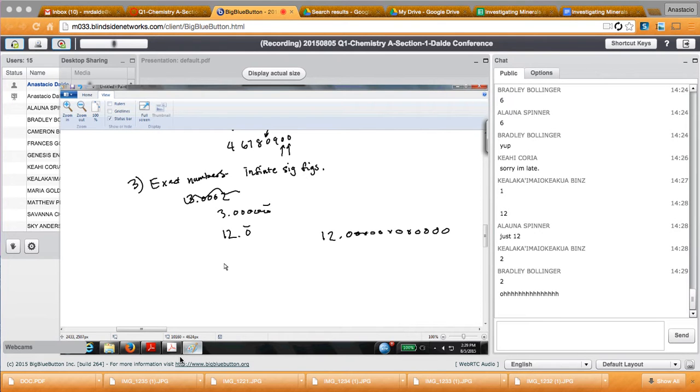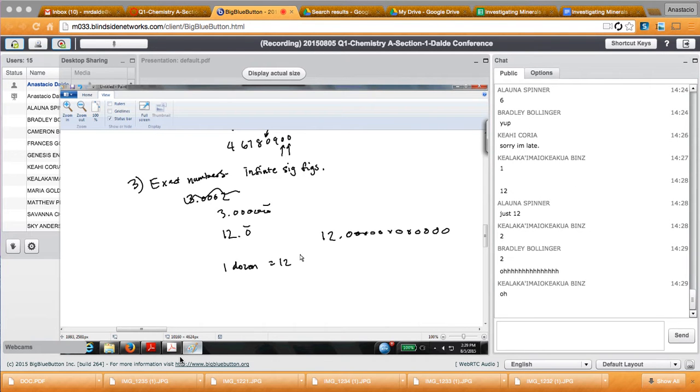If I told you 1 dozen equals 12, I don't mean it's about 12. I mean it's exactly 12. Got it? It's not like, oh, there's only 2 significant figures because you didn't measure, you don't know the uncertainty. It could be 12.5. It could be 11.79. No. If I'm talking about a dozen, it's a straight conversion. That is 12. That is defined as 12.